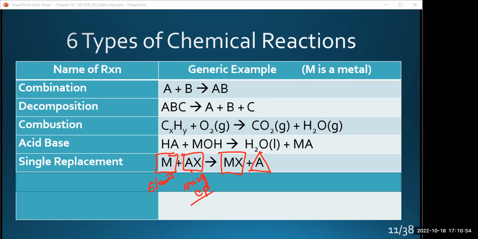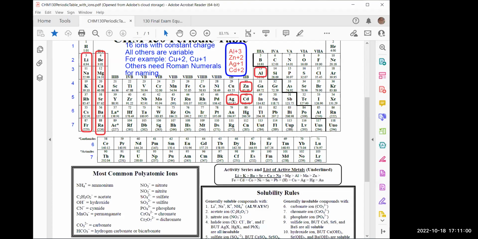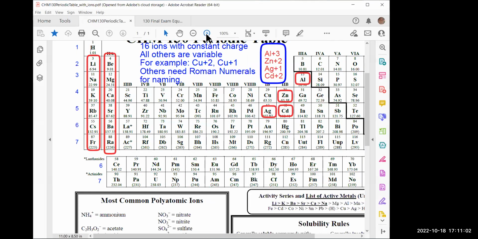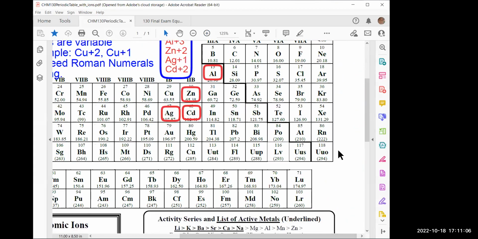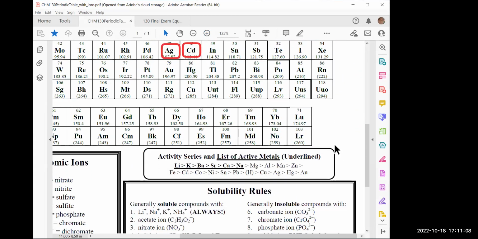Now, how do we determine this? Well, I'm glad you asked. How do we determine whether a reaction proceeds or not? Well, guess where I direct you to? The periodic table, okay? Right above the solubility rules, there's another little table called the activity series.